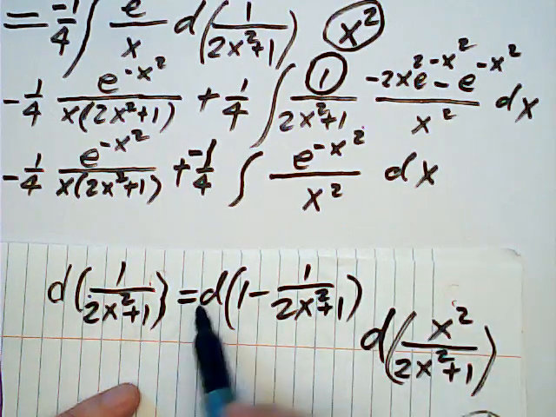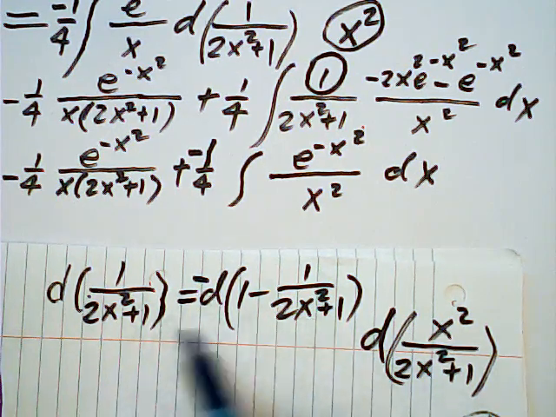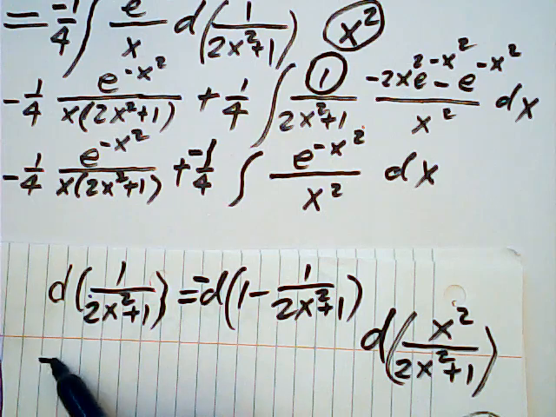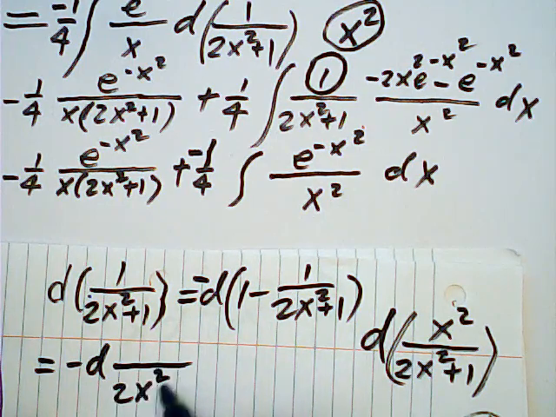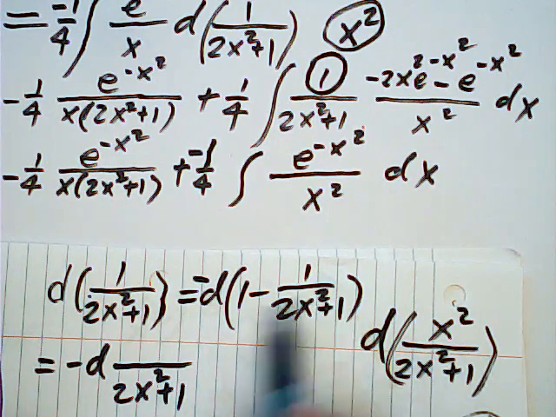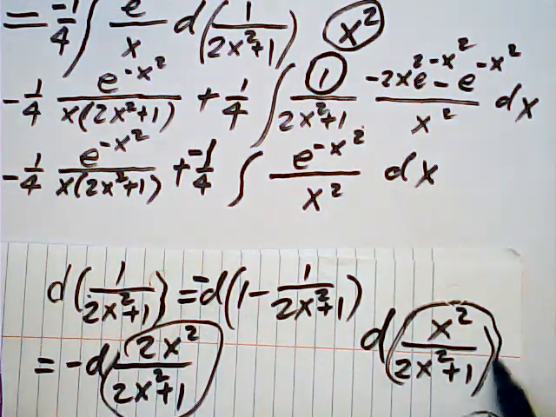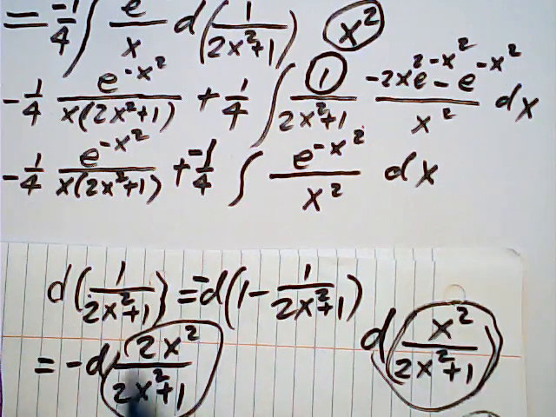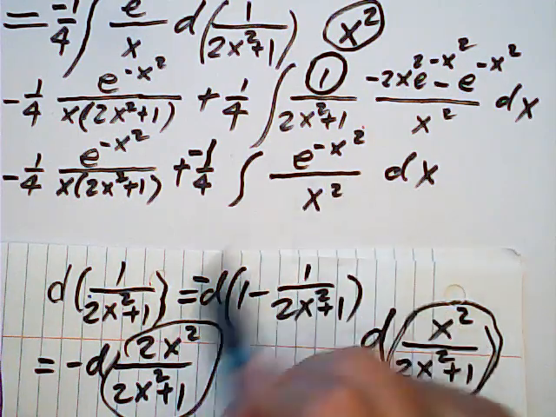Are they equal? They're equal. And this one is equal to negative d of 2x squared plus 1, which is 2x squared plus 1 minus 1. It's 2x squared, isn't it? This is not what I want. I have x squared, no 2.